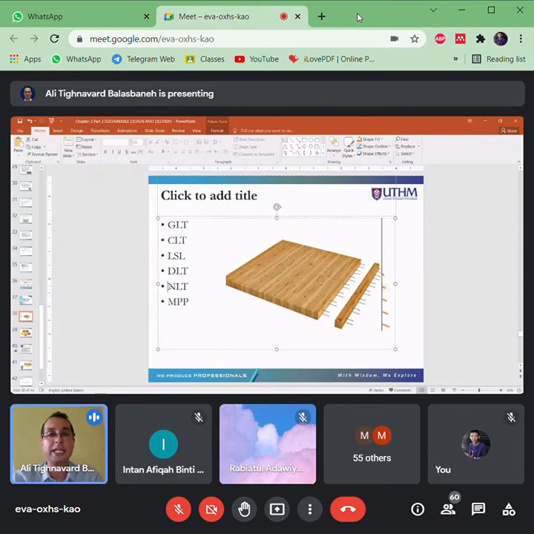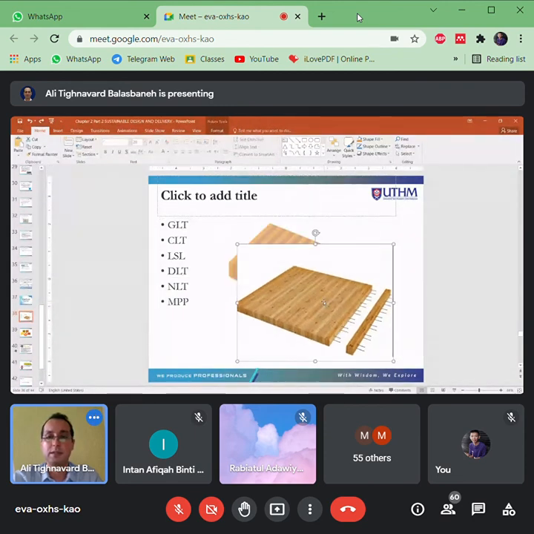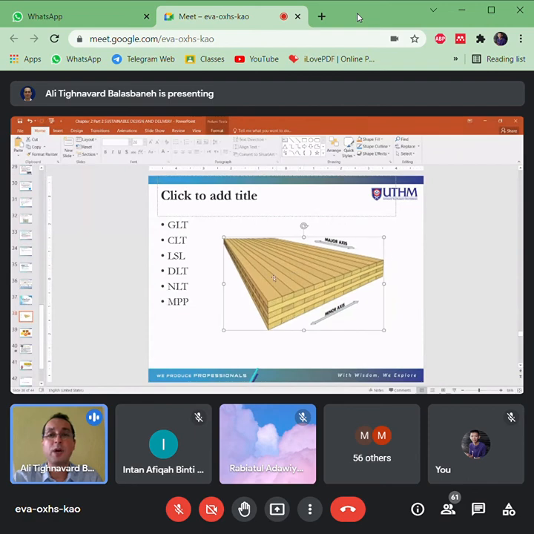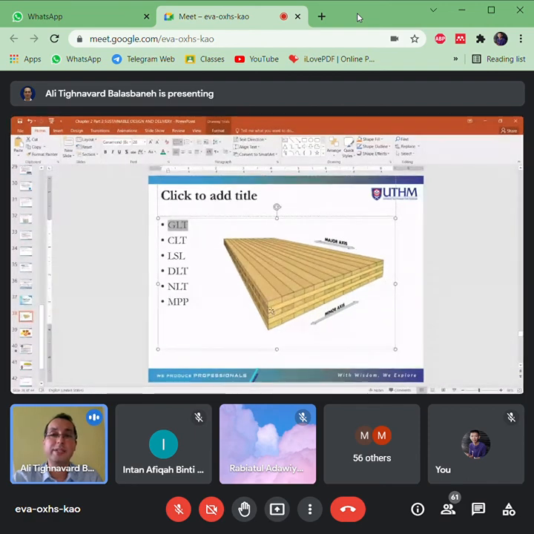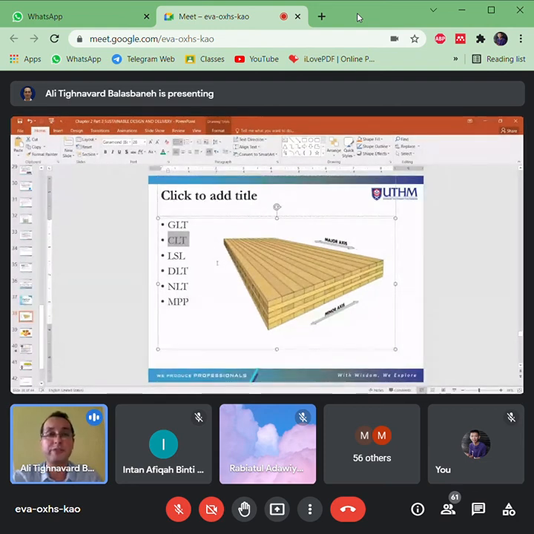This one is NLT, nail laminated timber. This one, DLT, has no glue, no nail. This one is glue laminated timber. If they change the way they put the lumber, it will be CLT, but still they use glue. Definitely two different products. So that's it.